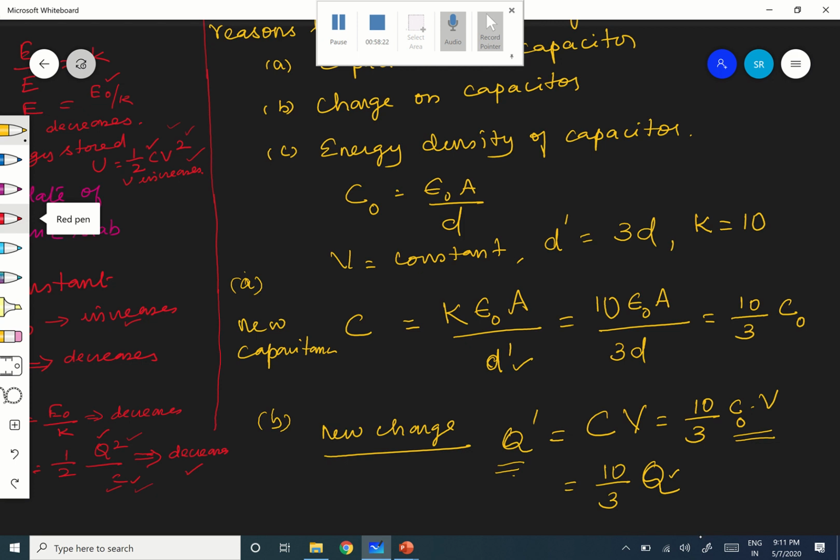Therefore Q dash is 10 by 3 C naught V, and C naught V is nothing but Q.